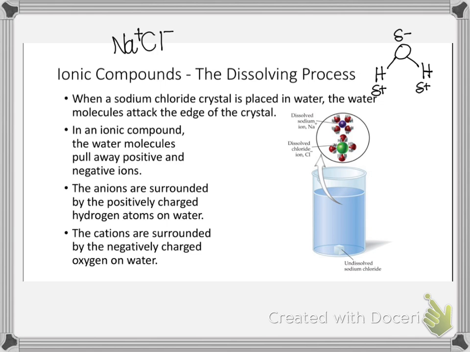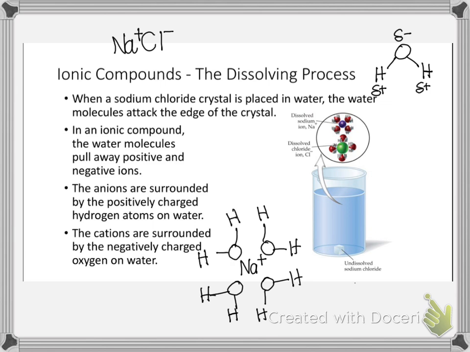So if I had a sodium ion, which is a positive, then the oxygens would surround the sodium ion. These are my little waters. They look funny. Because the oxygen all has negative, right? So they're all going to be attracted to the sodium ion and they'll form that little water cage around it.